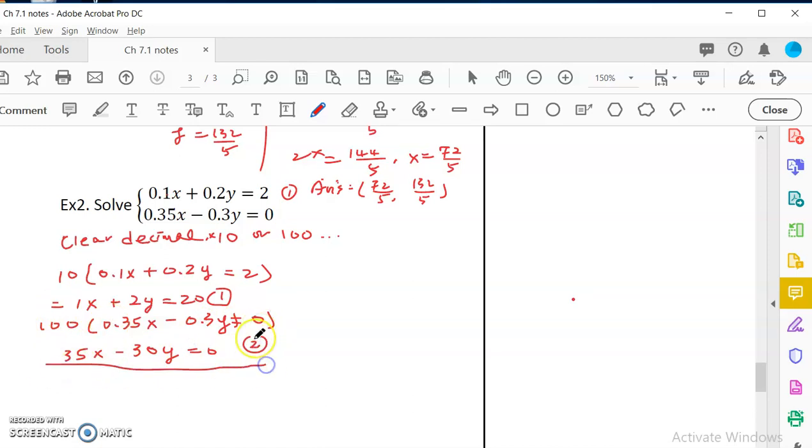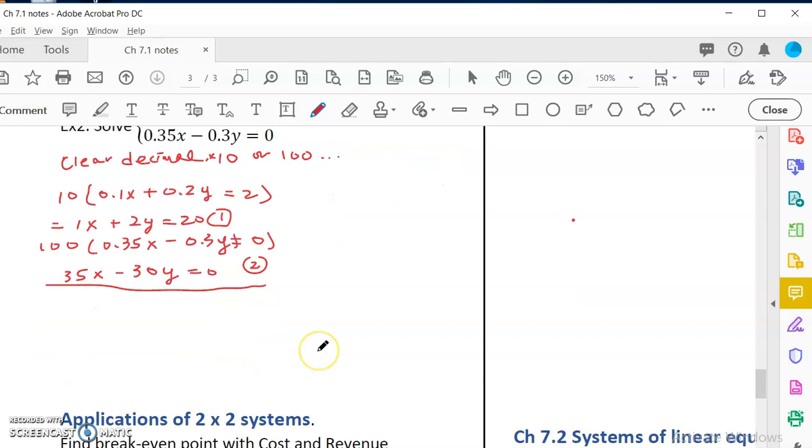So I'm going to write it here. x plus 2y equal to 20, and 35x minus 30y equal to 0. Is there a way I can do elimination? Maybe I'll just multiply the first equation by 15, because then I have 30y and negative 30y.